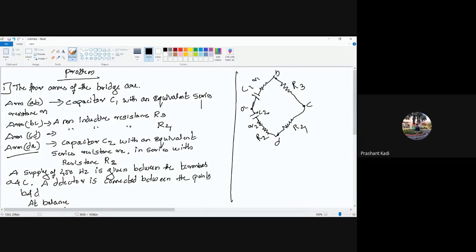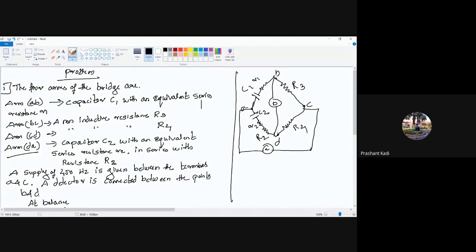Between A and C, a 450 Hz power supply is connected, and points B and D are connected to a galvanometer or detector. At balance, they are given the complete information of the balanced bridge.